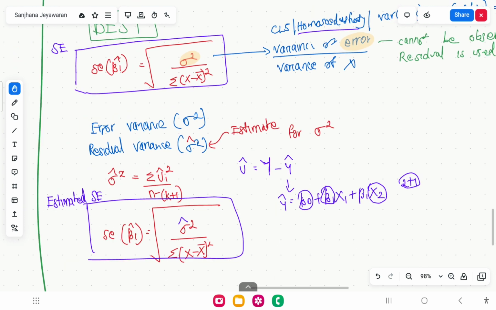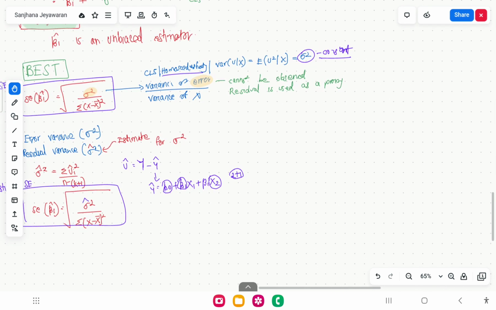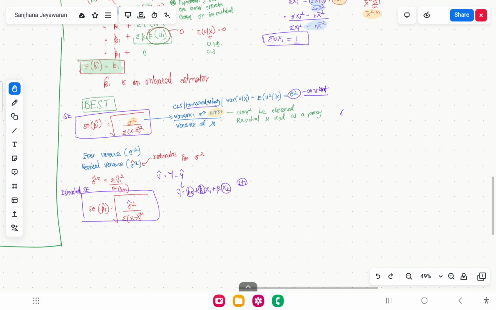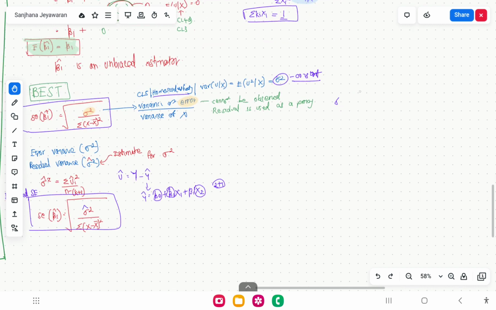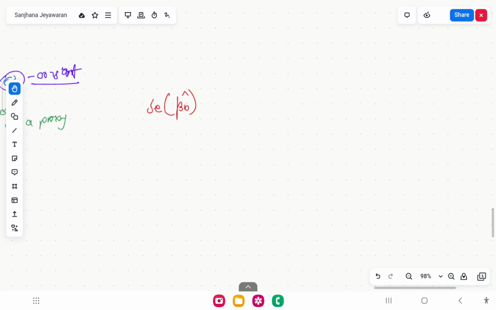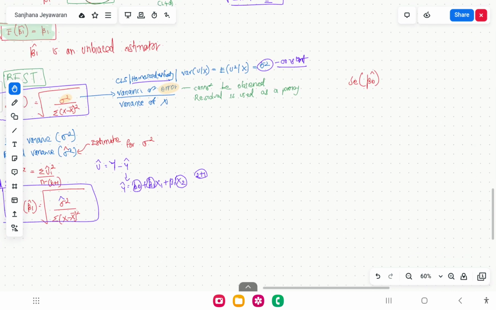We learned the formulas for beta naught as well. So if I write it on this side, it will look like standard error of beta naught is equal to, it's the same thing with a little bit of changes.